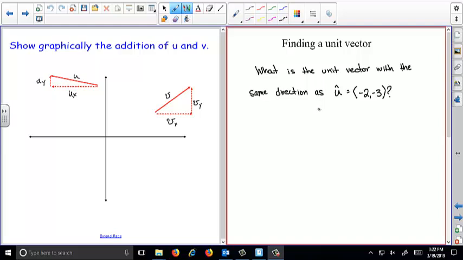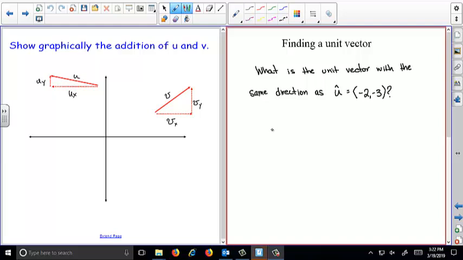Okay, so we're going to work some example problems now. What is the unit vector with the same direction as this vector u? Since I called this u, I'll give the unit vector another name. We'll call it v.